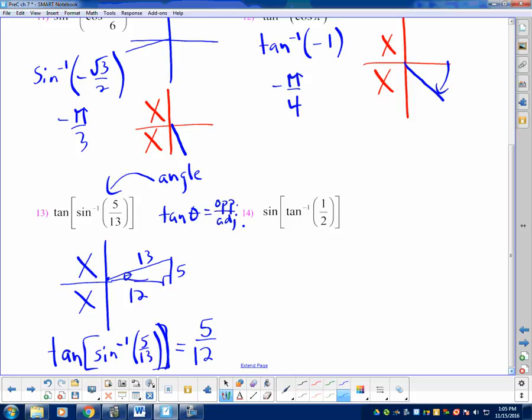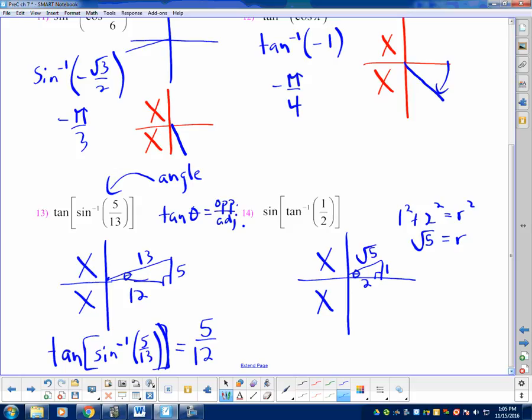Then this last one, just real quickly here. Arc whose tangent is 1/2. So arc tangent, I'd x out here and here. So arc whose tangent means the opposite side is 1, and the adjacent is 2. There's theta. And so 1 squared plus 2 squared equals r squared. So r equals square root of 5. So using the Pythagorean theorem, I have all my pieces.